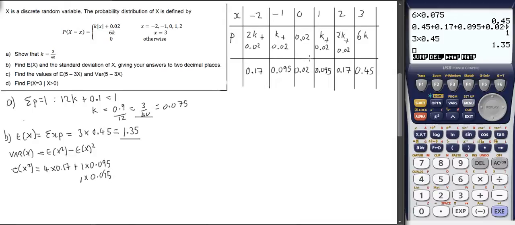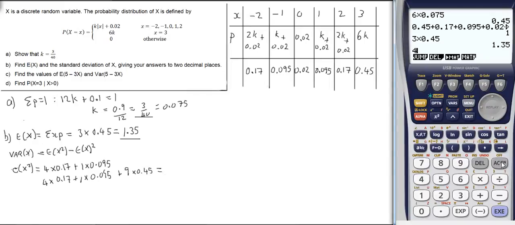and then we've got 2 squared is 4 times 0.17, another one of those, plus 3 squared, 9 times 0.45, and when we add all that up we get 4 times 0.17 plus another 4 times 0.17 plus 1 times 0.095 plus another 1 times 0.095 plus 9 times 0.45.